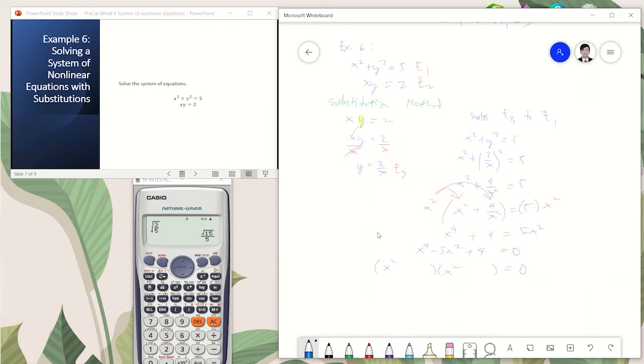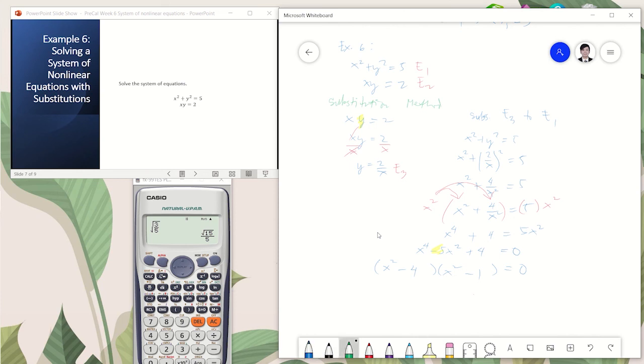But for this, 4 would have factors -4 times -1, because -4 times -1 is +4. And when you add them, it will result to -5, which is our middle term. So just plug in -4 and -1.